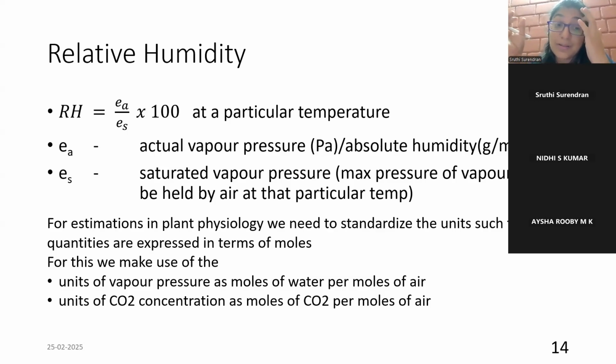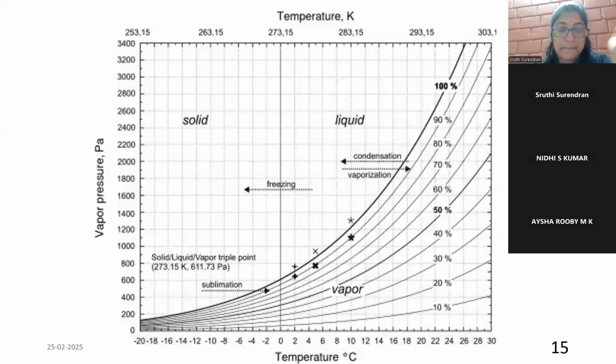So it is always expressed in terms of mole fraction, whether it is vapor pressure or carbon dioxide concentration. So let's focus on vapor pressure now. But when we consider atmospheric conditions, we don't usually talk about it in terms of mole fraction. We talk about it in terms of pressure or gram per kg or gram per centimeter cube or meter cube.